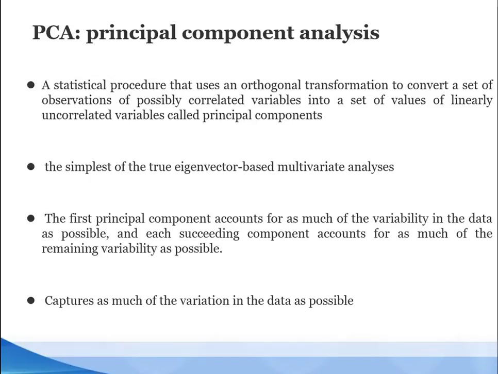It is the simplest of the true eigenvector-based multivariate analyses. In the result of the principal component analysis, the first principal component accounts for as much of the variability in the data as possible, and each succeeding component accounts for as much of the remaining variability as possible.